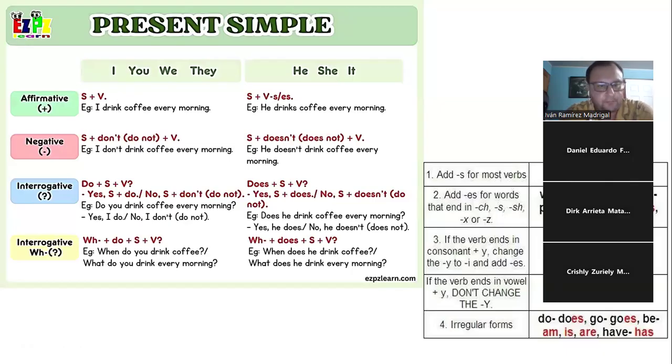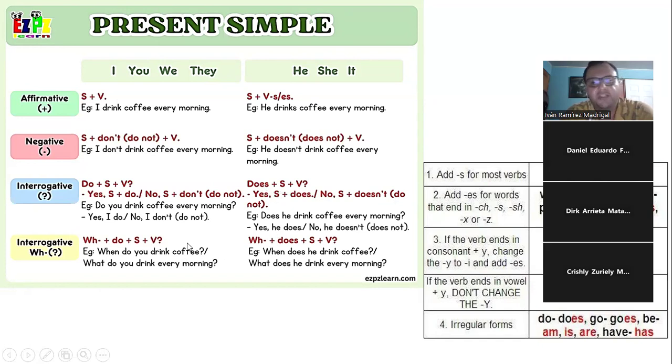And if it is a question in which the main subject happens to be he, she, or it, any of the pronouns from the third person singular, I use does, I use the subject, and I write the verb in the simple form because I already spent the s or es in the auxiliary. It's a very easy method to avoid forgetting that since I'm using does, then I have to write the simple form of the verb.